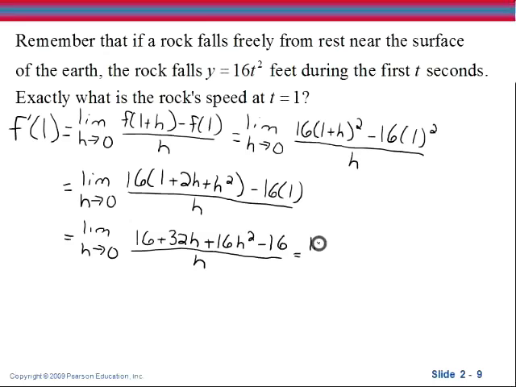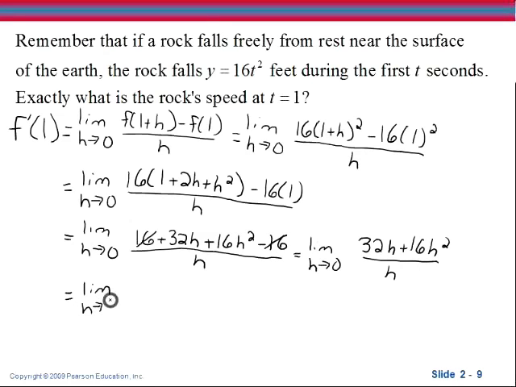Well, this will give us the limit as h approaches 0 of, since we have 16 minus 16, we can cancel those, and we'll be left with 32h plus 16h squared in the numerator and h in the denominator. Now we're still not at a point where we can plug 0 in for h, since our fraction will still be undefined, so we need to continue to simplify.